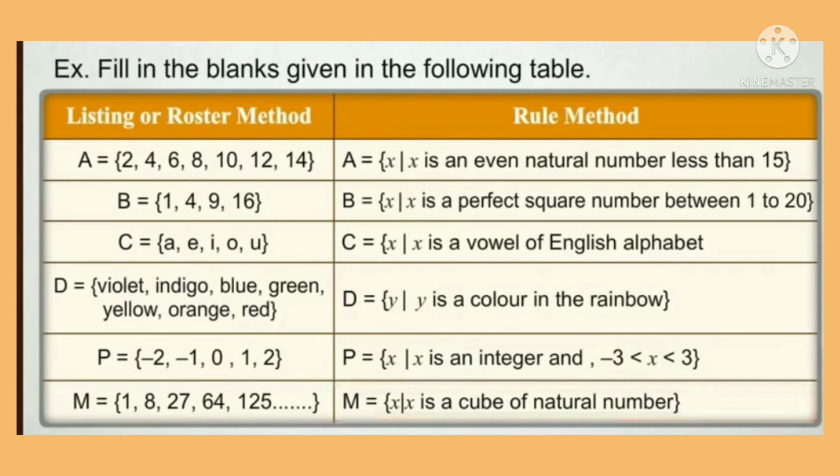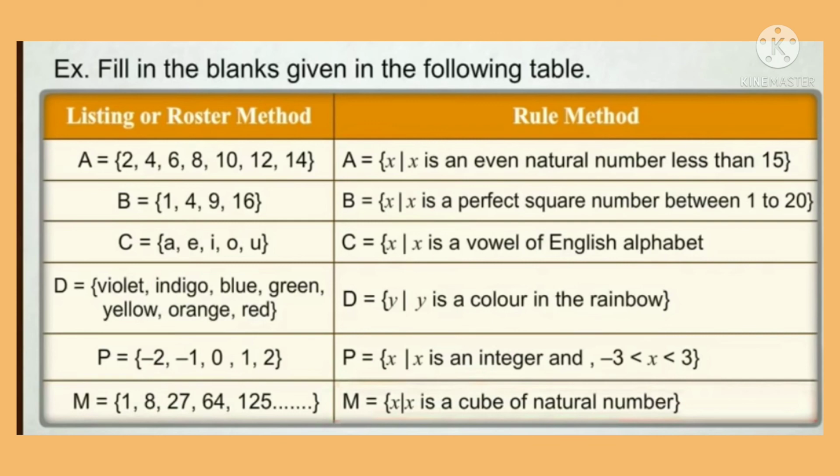Listing or roster method: D = {violet, indigo, blue, green, yellow, orange, red}. Rule method: D is a set of y where y is a color in the rainbow.